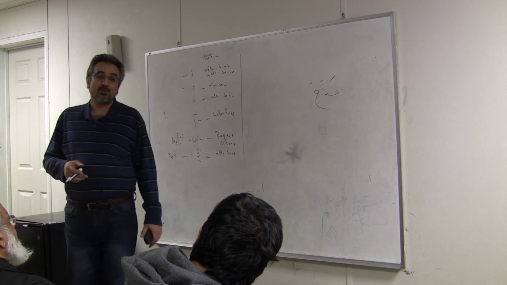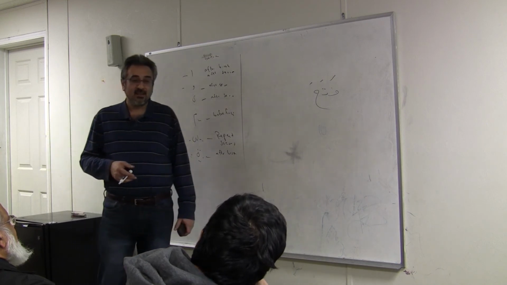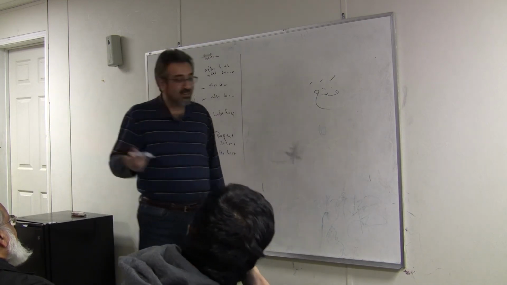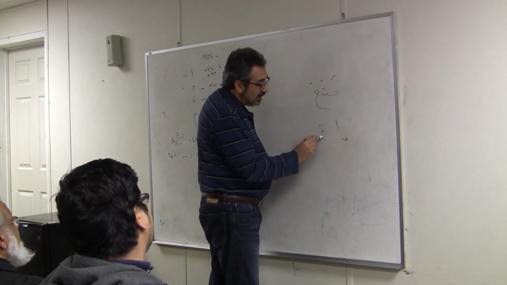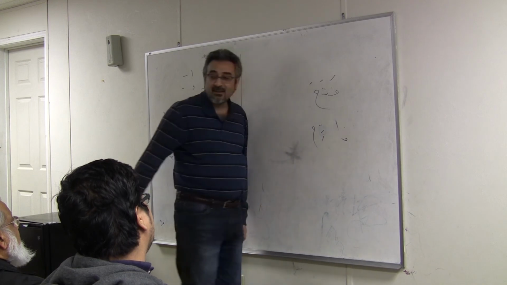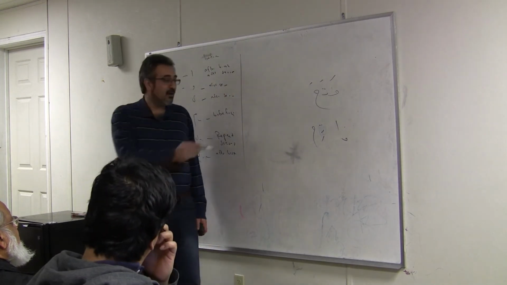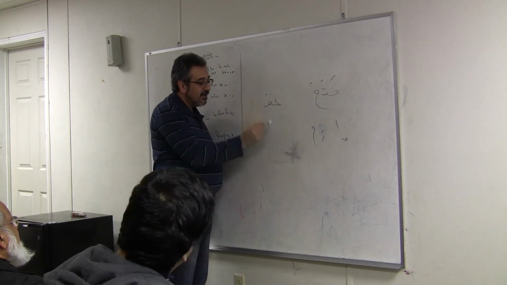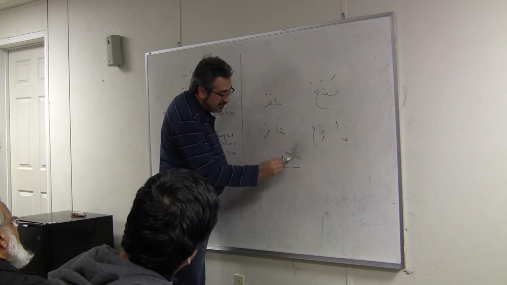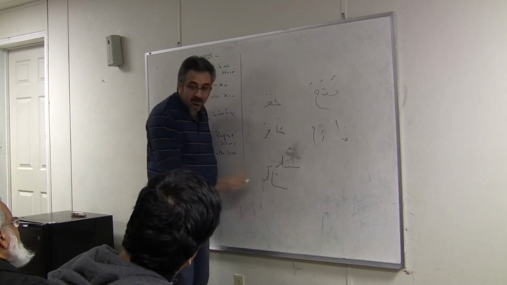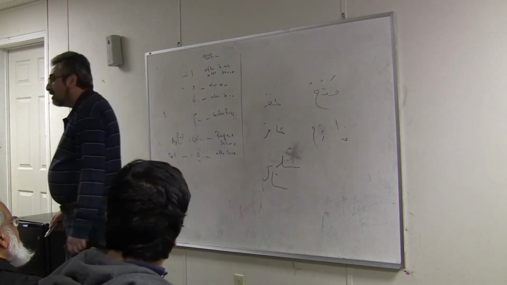How do you say it? Fatih. See, we just added the alif and made the third letter a kasra. Fatih. Ghafara, ghafir. Shakara, shakir. See how easy it is?